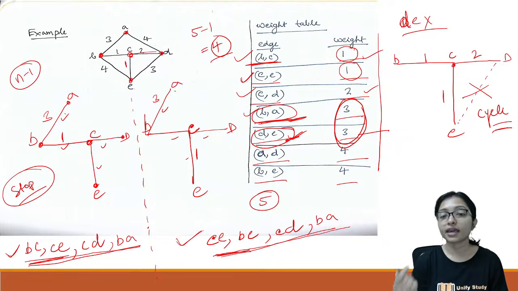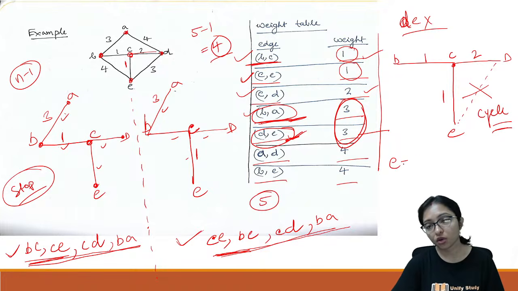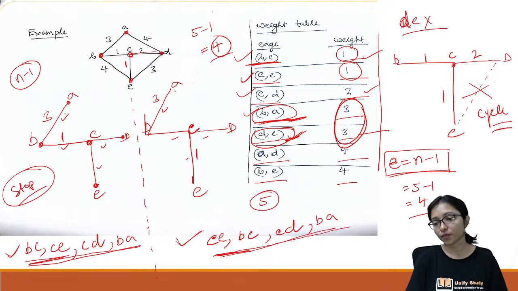That's why all the vertices must be covered. Number of edges should be n minus 1, that is the total number of vertices minus 1. E equals n minus 1. Number of edges in a spanning tree will be number of vertices minus 1. And that's why here 5 vertices minus 1 is 4.